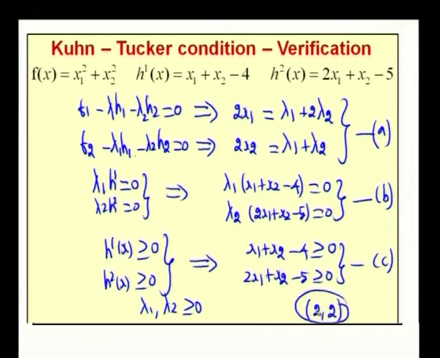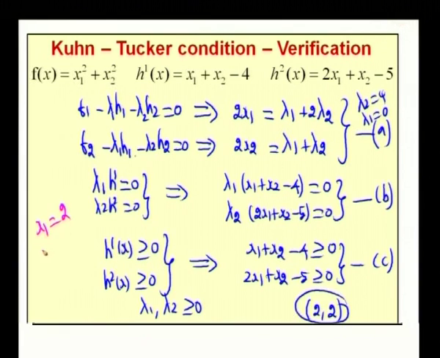By substituting x1 equal to 2, the first equation in A becomes lambda 1 plus 2 lambda 2 equal to 4, and by taking x2 equal to 2 in the second equation, we have lambda 1 plus lambda 2 equal to 4. Now, by solving these two equations, we get the value of lambda 2 as 0 and lambda 1 equal to 4.